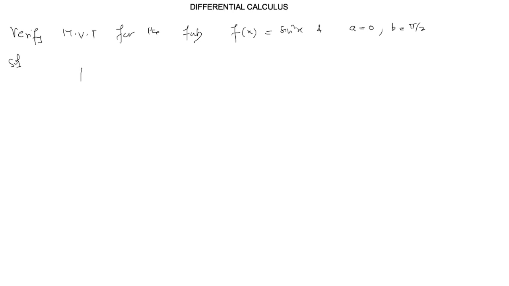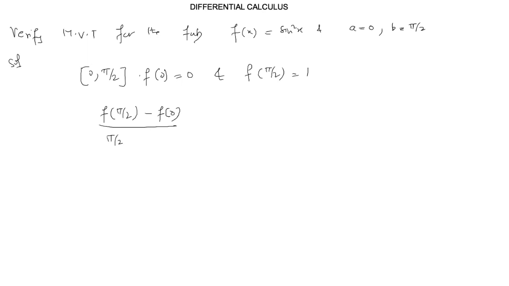Now f of x is continuous and differentiable over the interval 0 comma pi by 2, and f of 0 is 0, right, and f of pi by 2 is equal to 1.